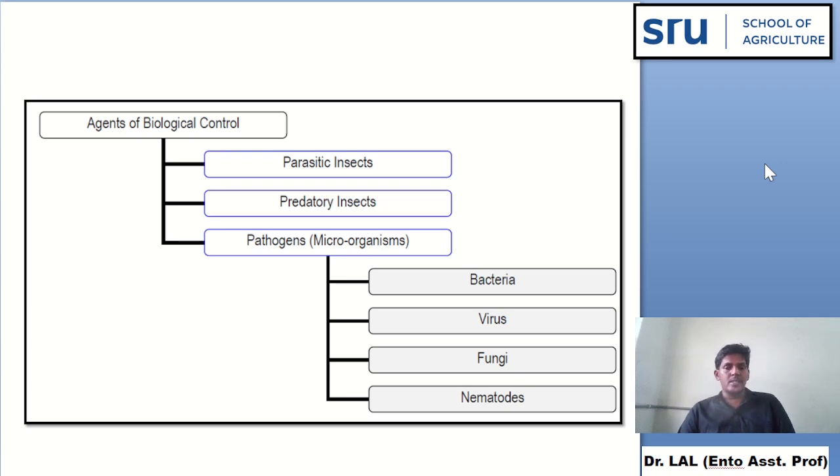What are the agents to be used for biological control? The agents include parasitic insects, predatory insects, and pathogens, that is microorganisms like bacteria, viruses, fungi, nematodes.